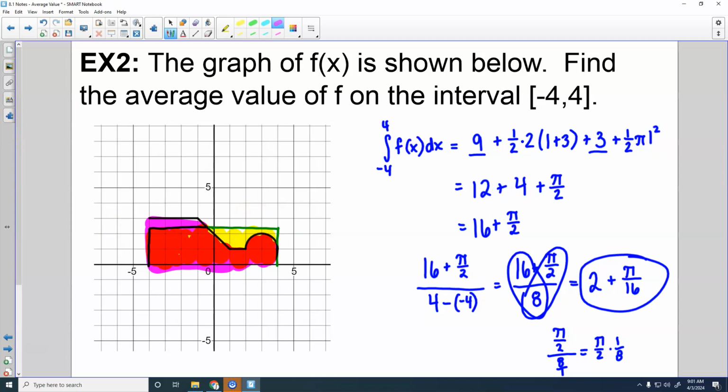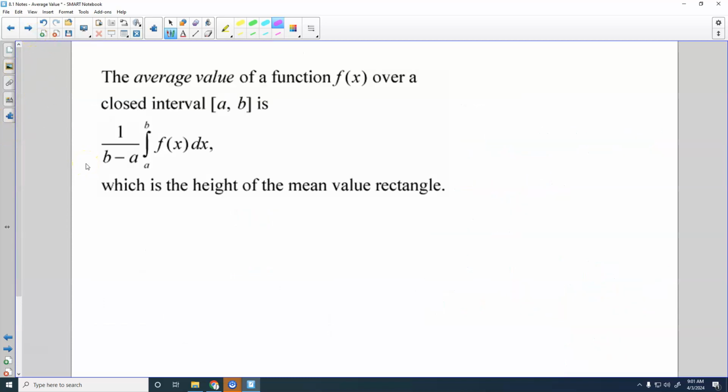Okay, let's talk about just the general formula if something asks you for average value. So if you see average value of a function f on the closed interval from a to b, this could be what is the average velocity, what is the average acceleration. It could be what is the average number of fish in the pond.